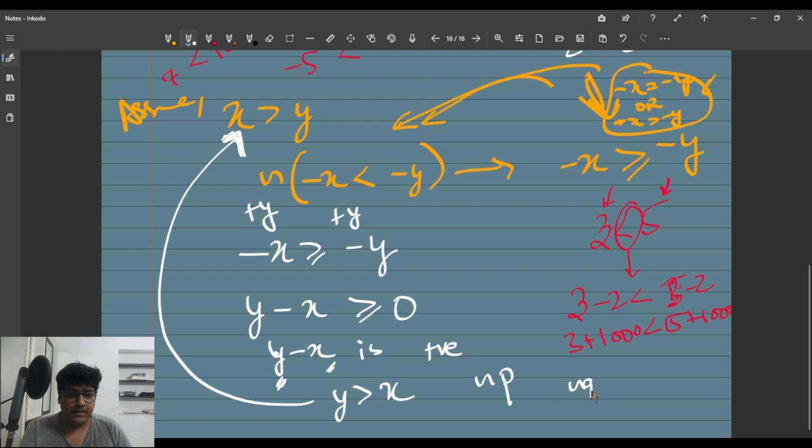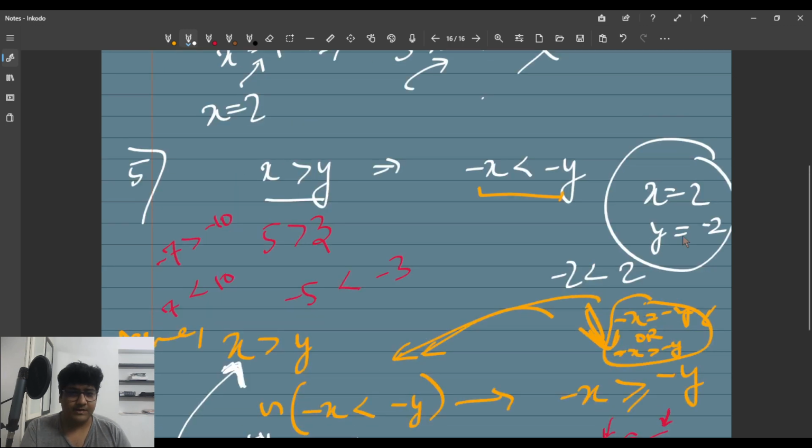So not q implies not p is what we have shown here, which means p implies q, which means this inequality is correct. So if this was confusing, you should watch it again, think about it, and slowly, with a calm mind, you'll be able to understand.